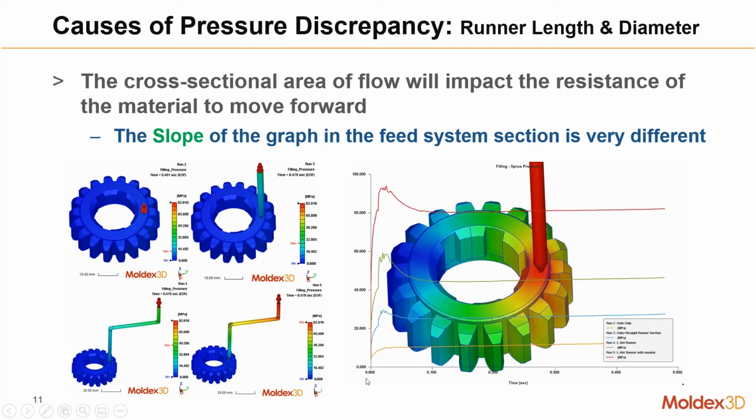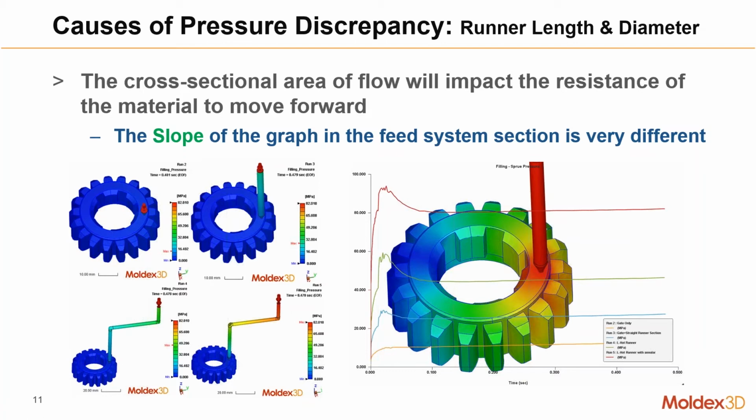You can see how much of a difference we will have based on how much geometry we modeled in. The orange curve represents just the gate. You can see the pressure drop, or the difference between the pressure at the melt entrance and the pressure at the bottom of the gate, is very low in comparison to the other runs, which have much more volume and much more flow length to be considered.